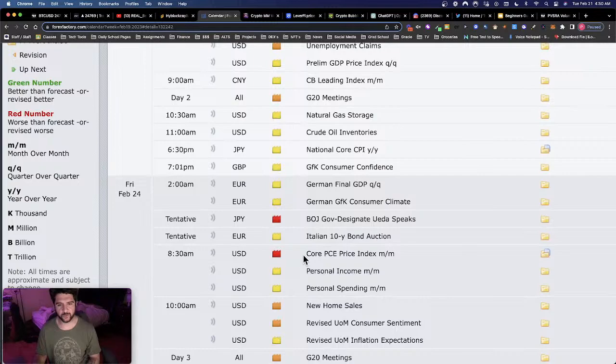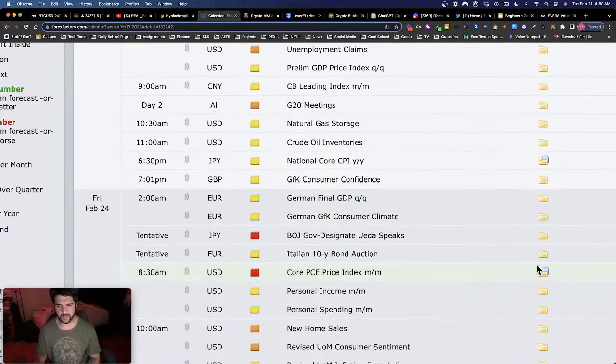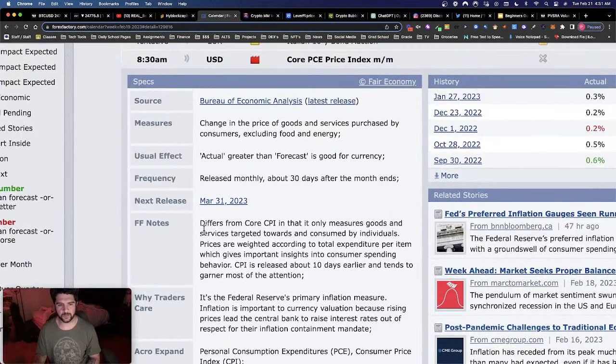Oh, there you go, Core PCE. They could be setting up price for that. It differs from core CPI in that it only measures goods and services targeted towards and consumed by individuals. Prices are weighted according to the total expenditure per item, which gives important insights into consumer spending behavior. CPI is released every 10 days.